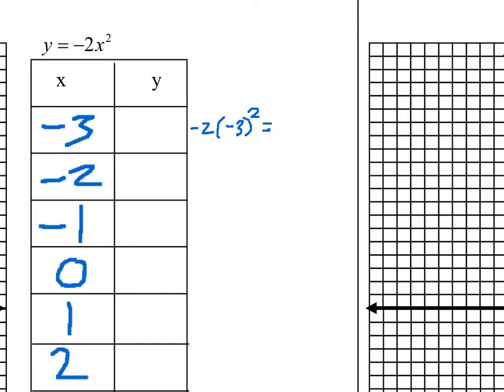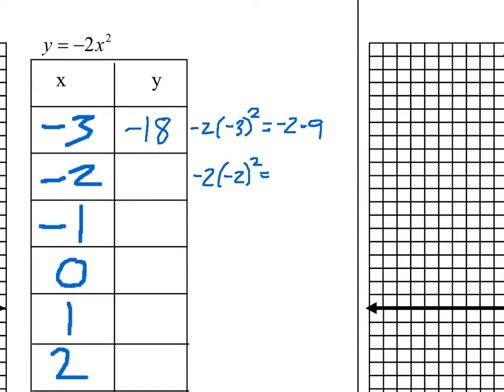Negative 3 squared is what, Liana? 9. So that's going to be negative 2 times 9, which means our y is actually equal to negative 18.